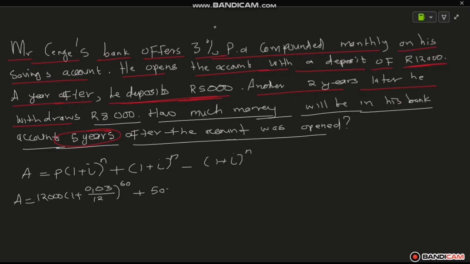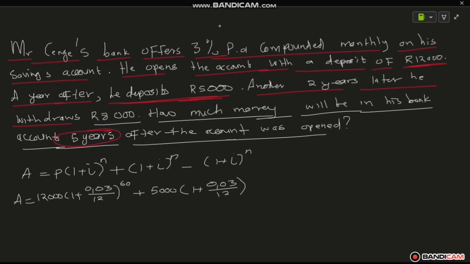Then after a year, he deposits 5,000. After a year from that, we are left with 4 years. I hope it makes sense. So it's going to be that 0.03 again, because they didn't give us other interest rates for Mr. Tsenge's deposits or withdrawals. 0.03 over the same compounding period, monthly, over 12.